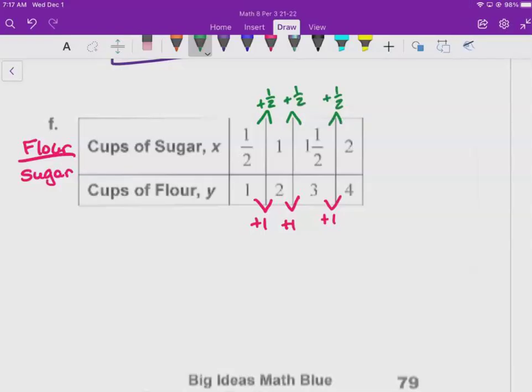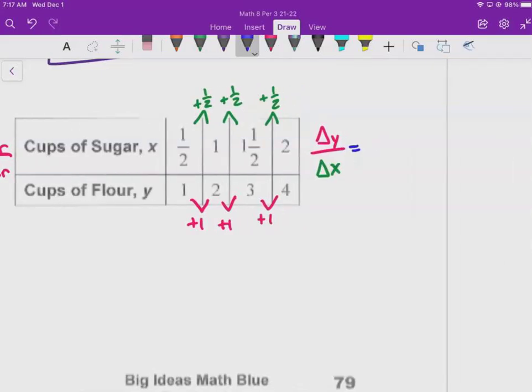Well, since everything is the same, we know that we're going to have a constant rate of change. So change in y over change in x. This gets a little bit ugly, but don't freak out. I'll show you an easy way. Okay, so change in y is 1. Change in x is 1/2.